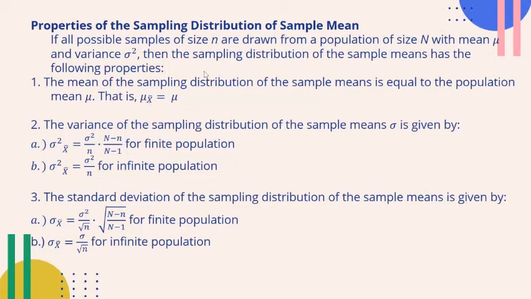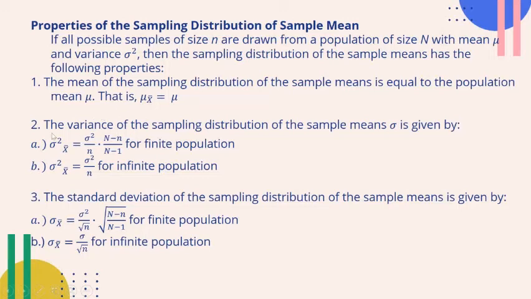First, the mean of the sampling distribution of the sample mean is equal to the population mean. That is, mu sub x-bar, the sample mean, is equal to the mean, mu.